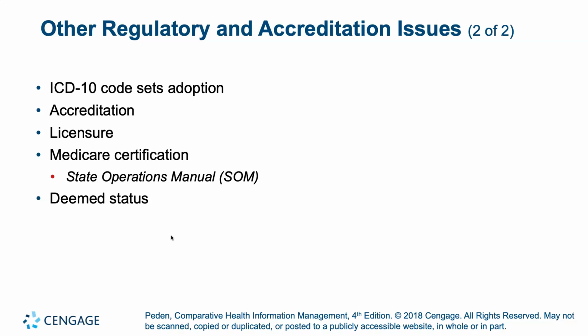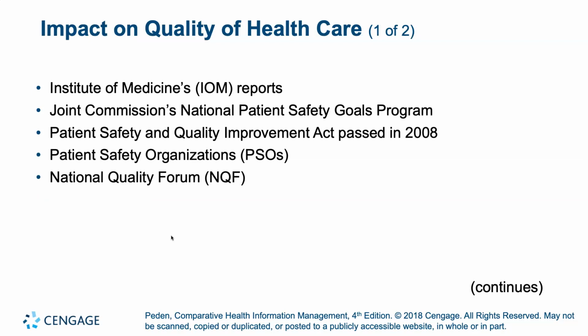Each state has to have a plan for how their facilities are Medicare certified. In some states, they use a state operations manual. In fact, in most states, they have a state operations manual that lays some of it out. And then, of course, there's the accreditation that goes with that. Or the state survey. They actually have a team of state surveyors that come in and do that. Deemed status, you can get that through accreditation.